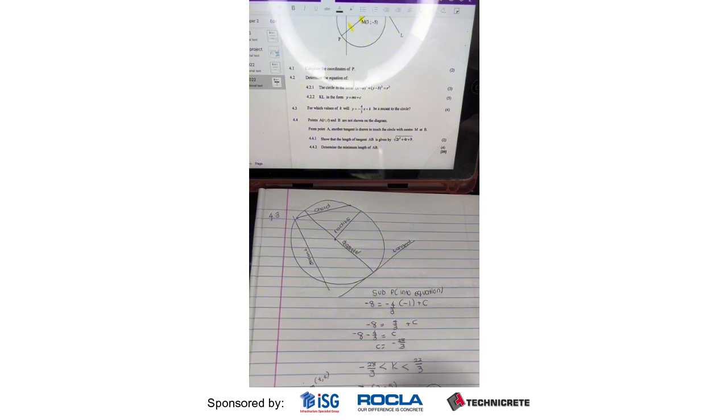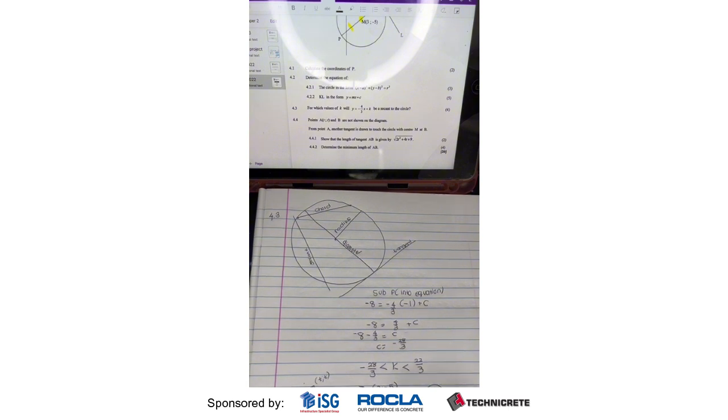So we're going to get t squared minus 6t plus 9 plus t squared plus 10t plus 25 minus 25.